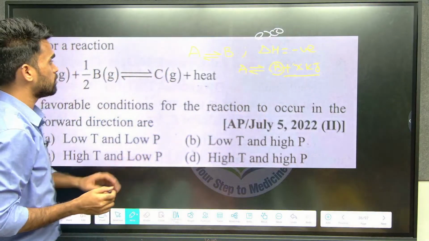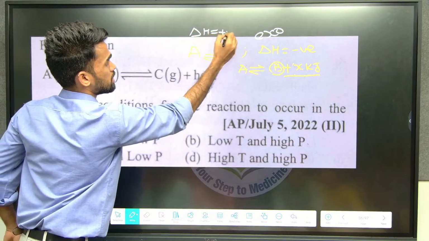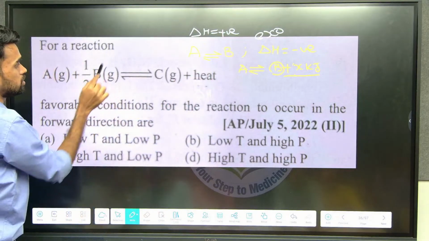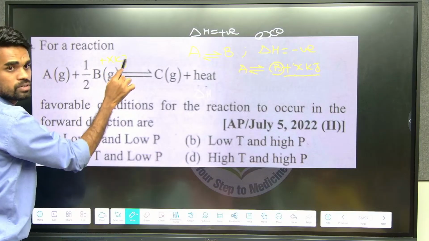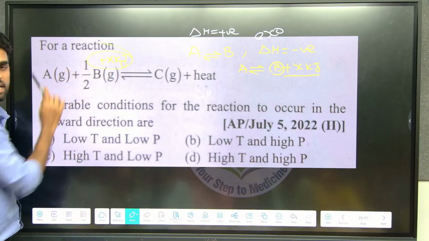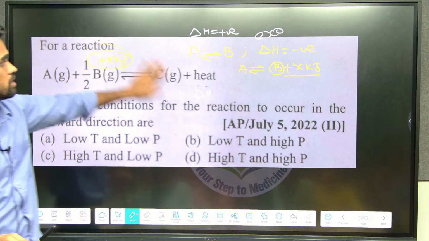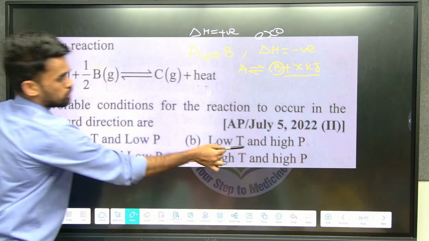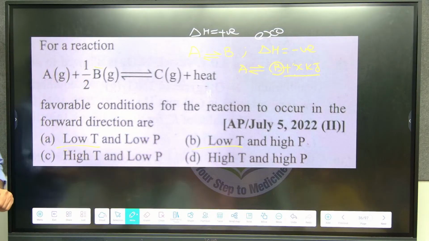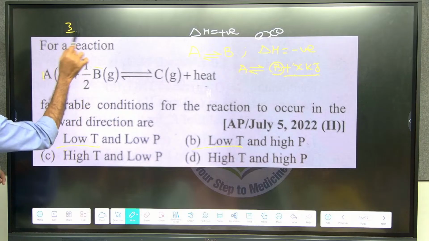So endothermic means they may say delta H is positive. Otherwise, they will write here, along with these reactants, they have added some X kilojoules of energy. So this is also an indication of endothermic. Okay, now tell me what is your answer for this? Low temperature, because it is exothermic. Next, pressure. See, here the number of gaseous reactants is 3 by 2, 1 plus 1 by 2 means 3 by 2.